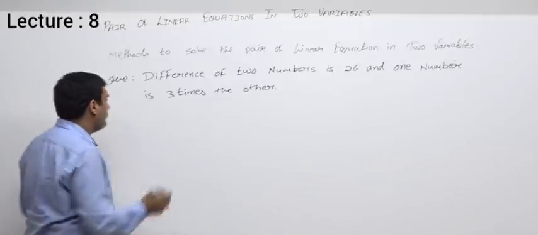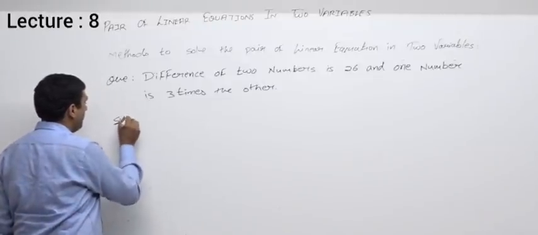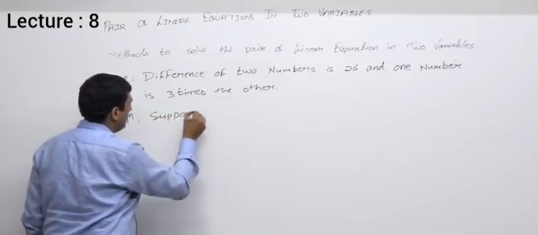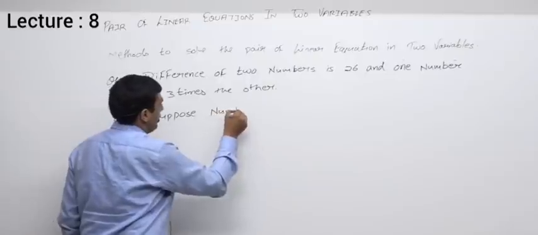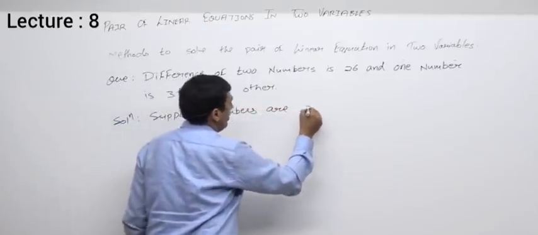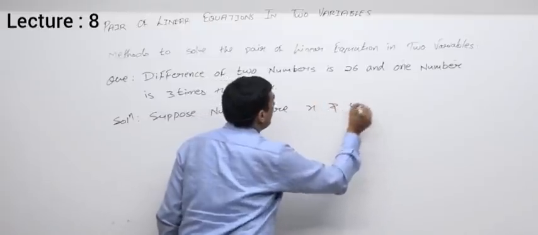Again we have to start with the supposition. Solution: suppose the numbers are x and y.